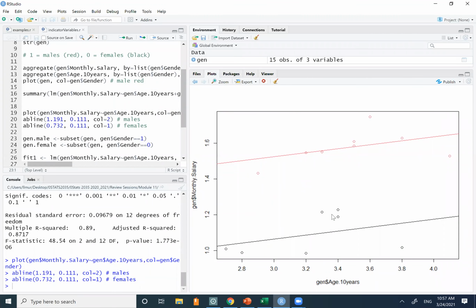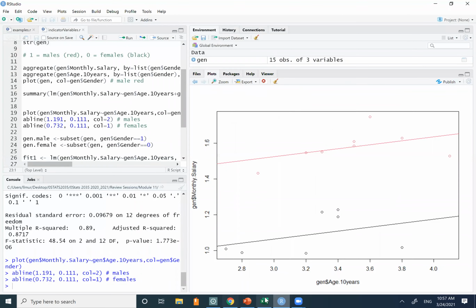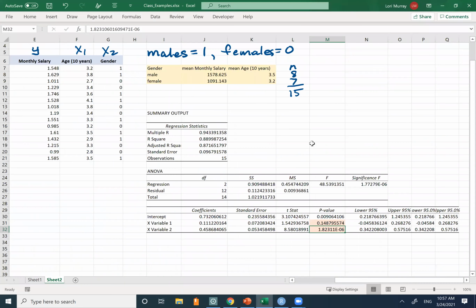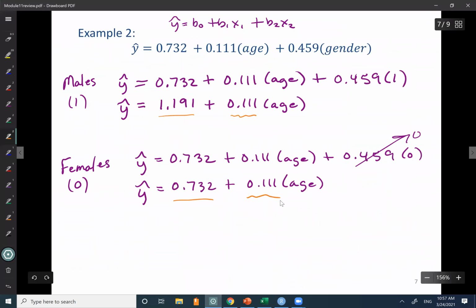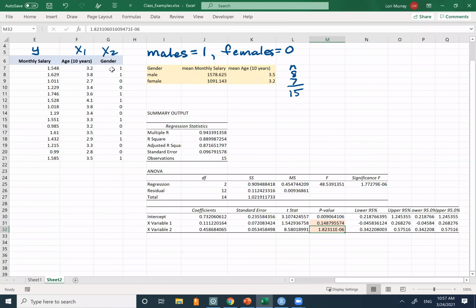Now, if we switch the females with 1 and 0, would this change the numbers? It would change. You can even try that if you want, but you would have to go right back to the source.